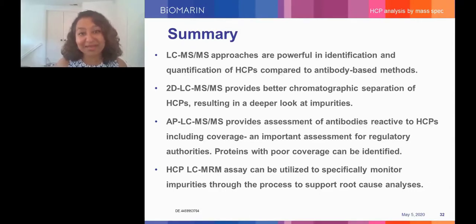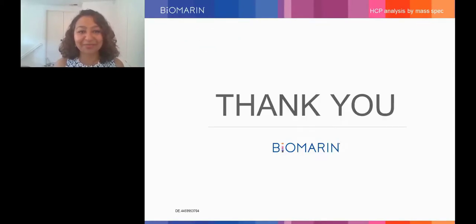The MRM assay is a wonderful tool for doing very quantitative assessments of host cell proteins. They can be used to specifically monitor a given impurity, to also support root cause analysis during process development.